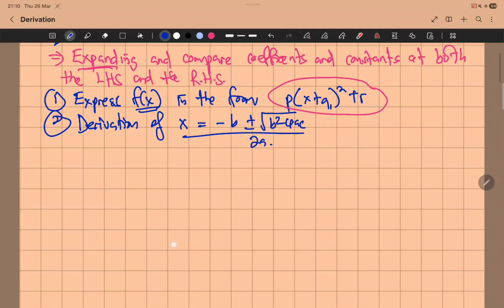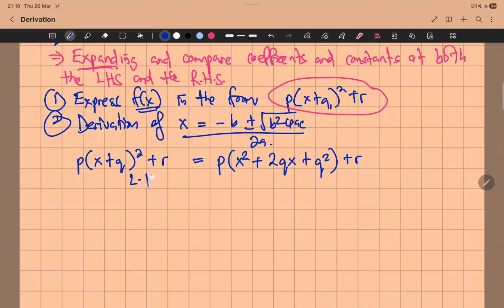So firstly we expand this. So p bracket x plus q squared plus r. This means p bracket x squared plus 2qx plus q squared plus r. So left hand side is equal to px squared plus 2pqx plus pq squared plus r.